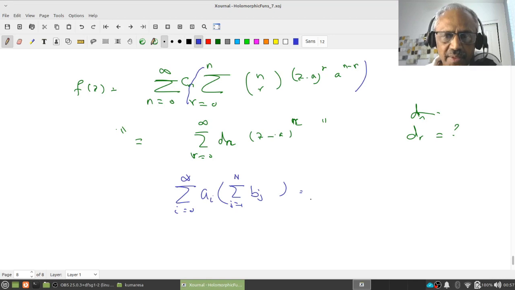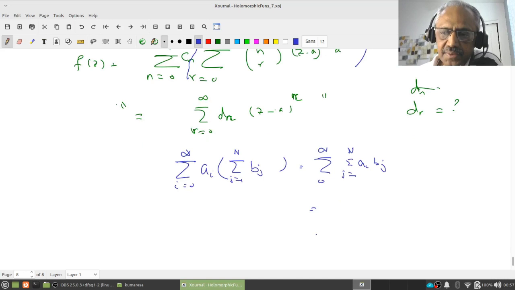Are you following? Because this is going to be the sum over i from 0 to infinity of a_i bj, and j equal to 1 to n, therefore I can take it out. Okay, because bj is common, therefore this is going to be summation bj times the sum over i equal to 0 to infinity of a_i, with j equal to 1 to n.